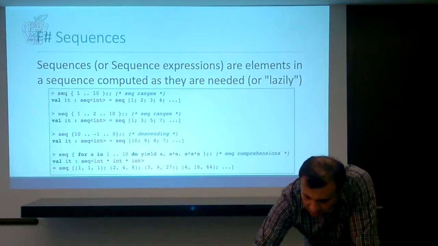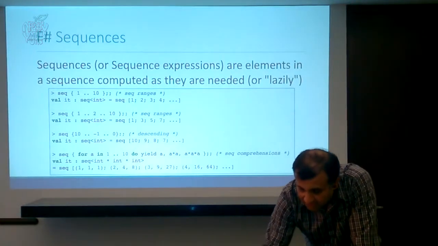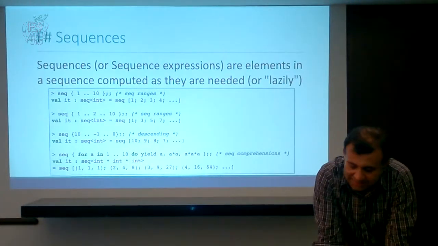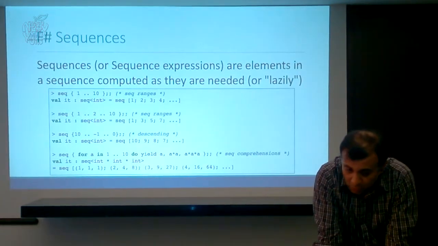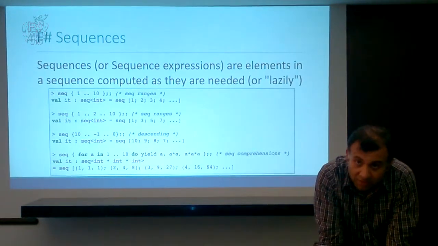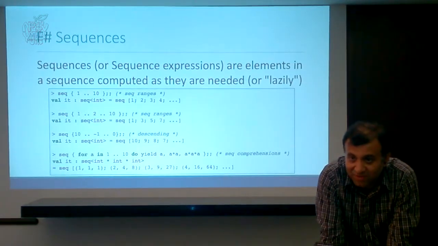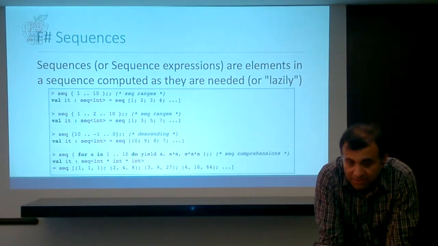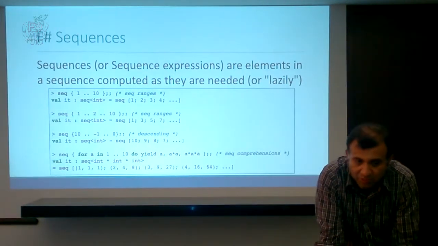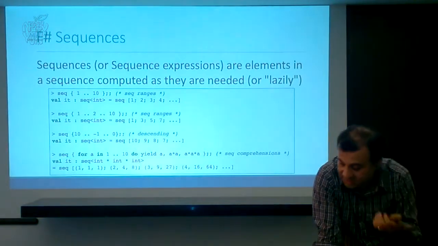Okay. So F# sequence is kind of the same thing as list, except it's a lazy list. That is, it's only computed when you need it. For those of you who are familiar with Haskell, you would understand what a lazy list is. Essentially a lazy list is an expression which is only evaluated when it's needed.